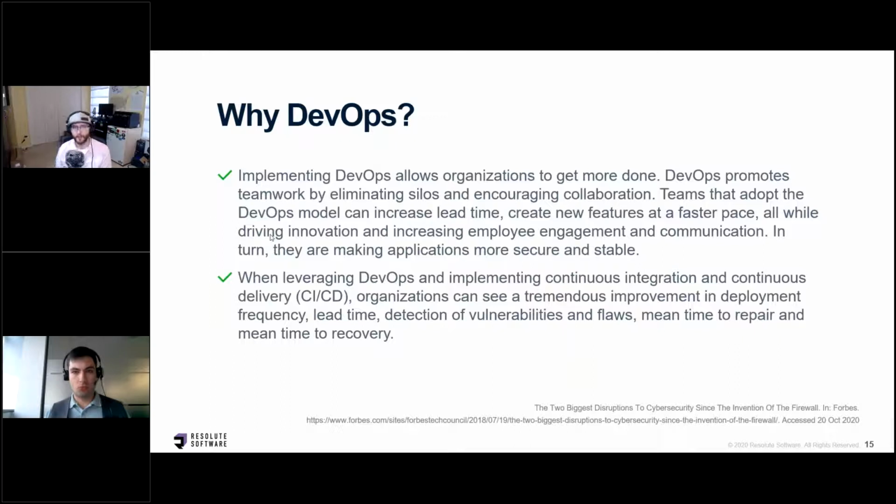But I thought it was really powerful, because it gets to the heart of what DevOps has to offer: you can decrease lead time, create new features at a faster pace, drive innovation, and get high employee engagement and communication. There's radical transparency, the speed, and the required collaboration that has to happen in order for projects to work properly.